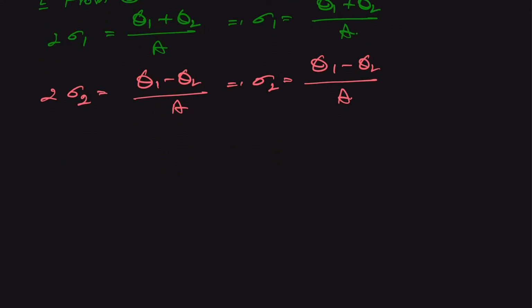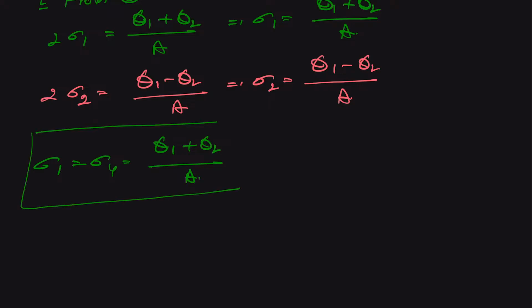And we already know that our sigma 1 is equal to sigma 4. So their value will be same, that is Q1 plus Q2 upon 2A. And our sigma 3 is minus of sigma 2.